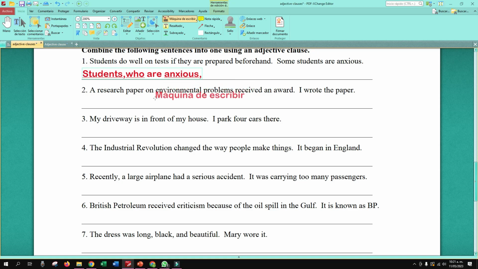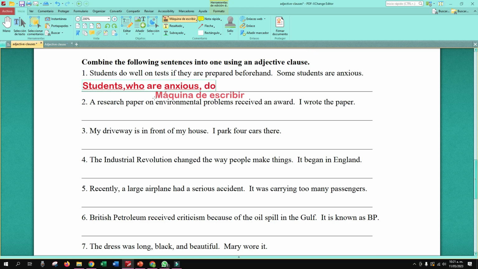So, do well. We are going to continue with the verb. Do well, right, on the test if they are prepared beforehand.